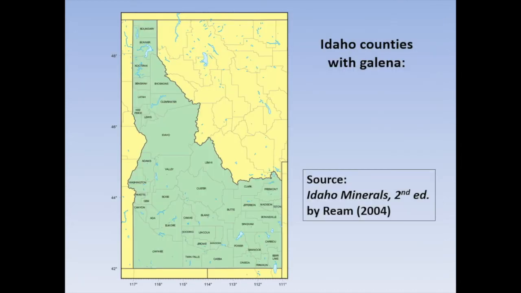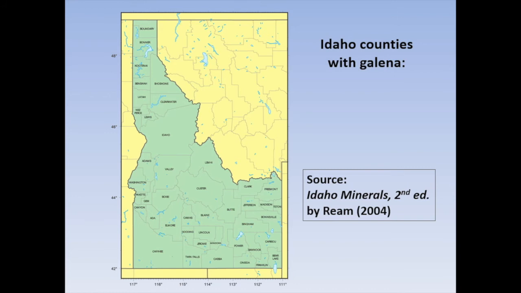Now let's look at some counties in Idaho where galena is known to occur. We'll go through these counties in alphabetical order, and occasionally I'll show examples of the galena from that particular county by showing you a photograph from the museum collection.